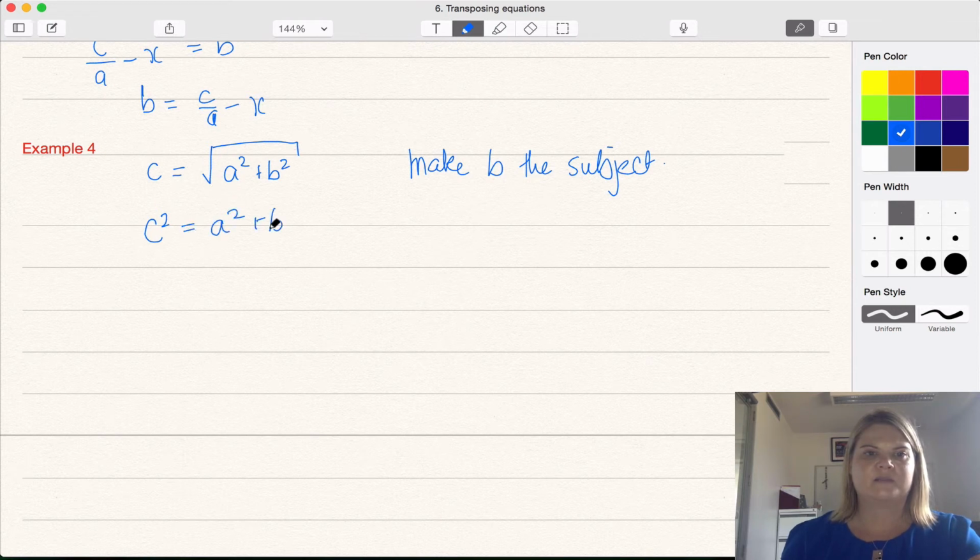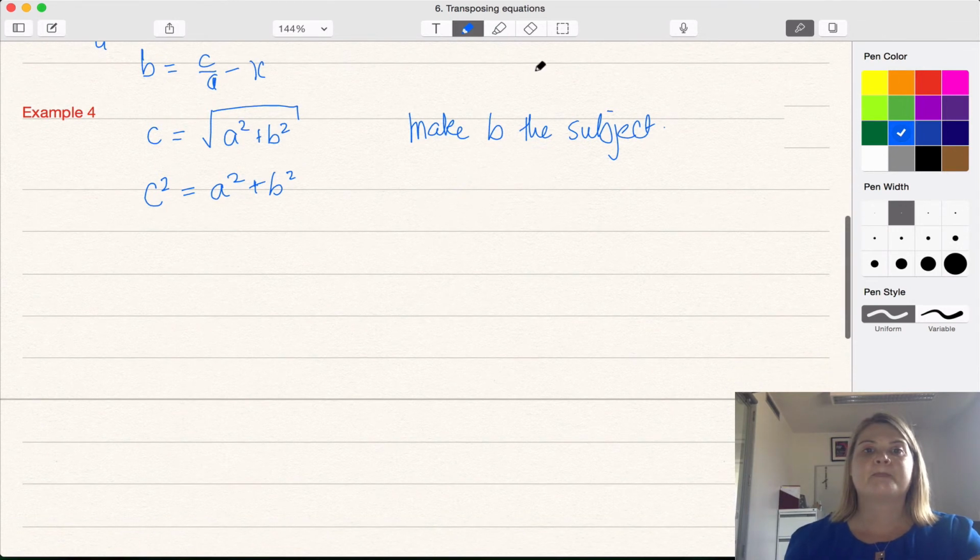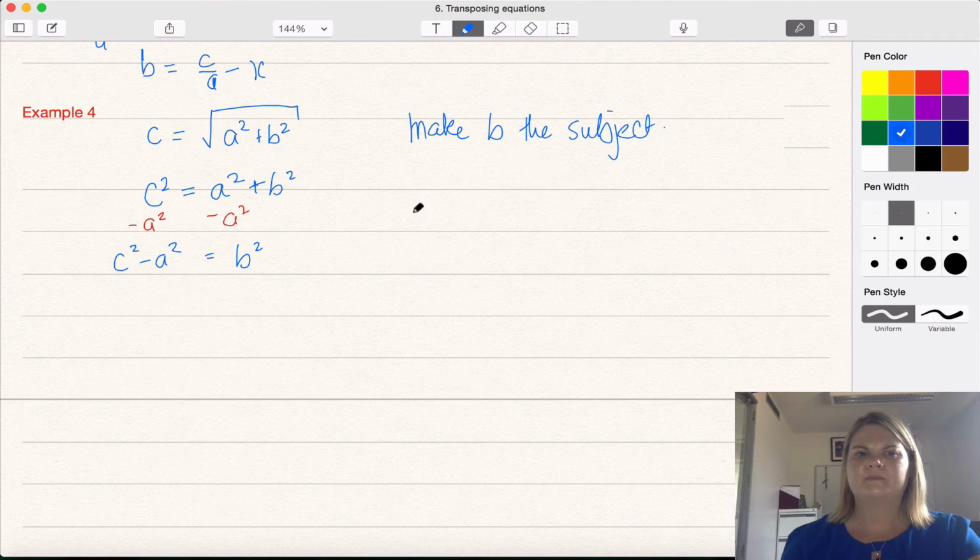A squared plus B squared, that might look familiar to you as Pythagoras. We're still trying to make B the subject, so we need to take away the A squared from both sides. C squared take A squared equals B squared. Now we've got this squared on here. So we need to get rid of that, which is the opposite of the square root.